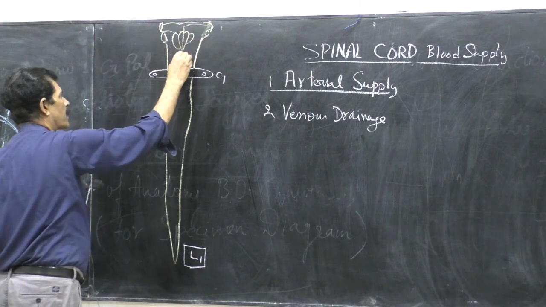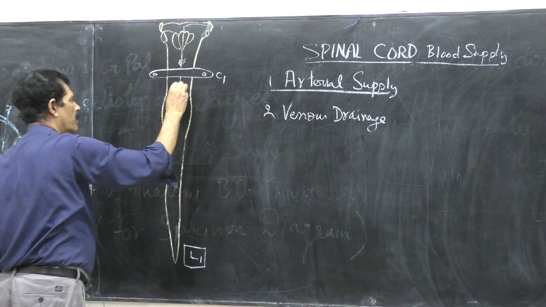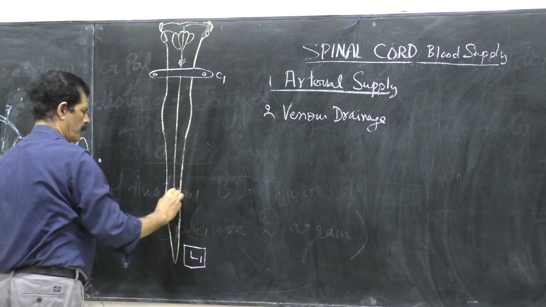This is the anterior median fissure, which is also continued on the spinal cord as well.